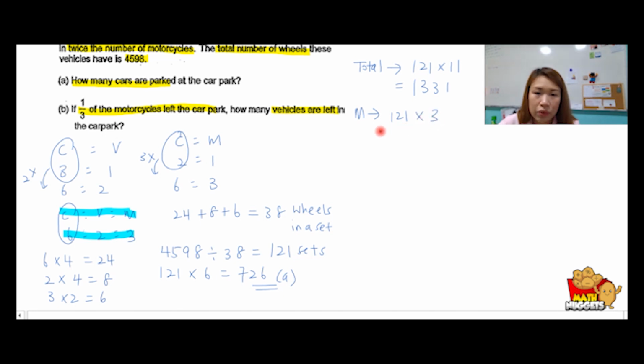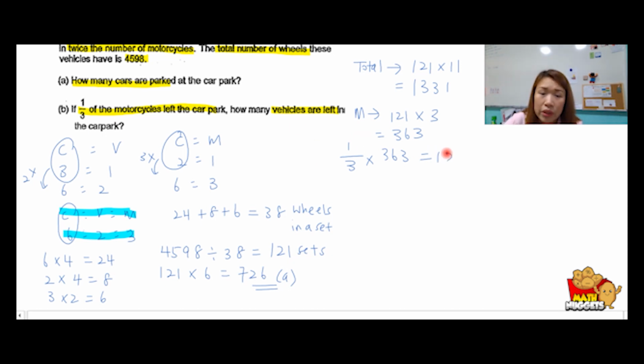So then I need to find the motorcycles. In one set we have 3 motorcycles. So originally there were 363 motorcycles. And if 1/3 of them left the car park, I would have 2/3 of them remaining. Actually, I should find the 1/3 so that I can just subtract from the total later on.